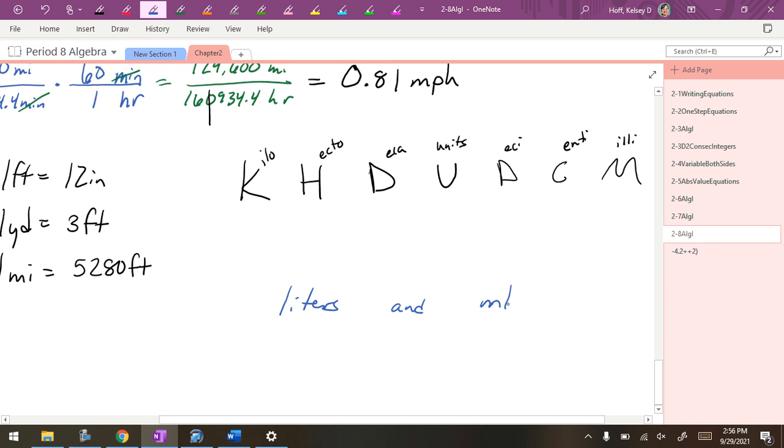What is my connection between liters and milliliters? 1,000 milliliters equals a liter. True or false? So 1 liter is 1,000 milliliters.